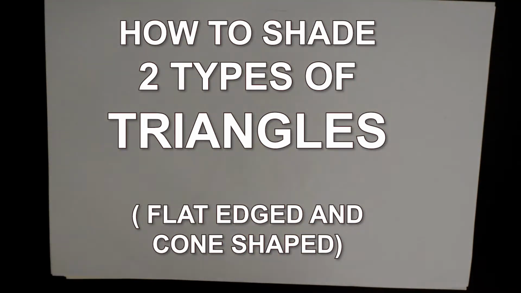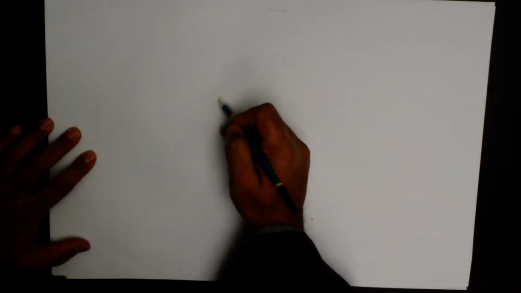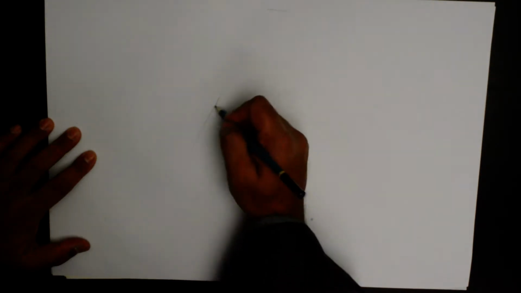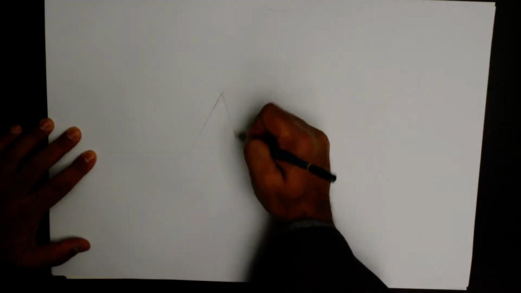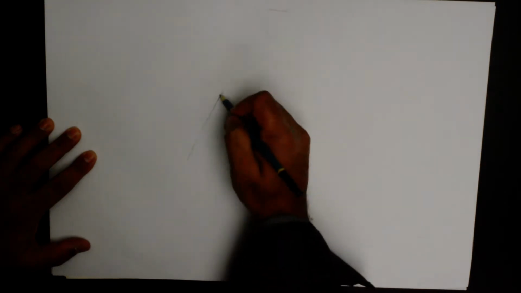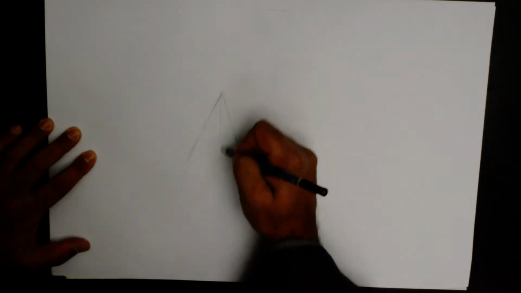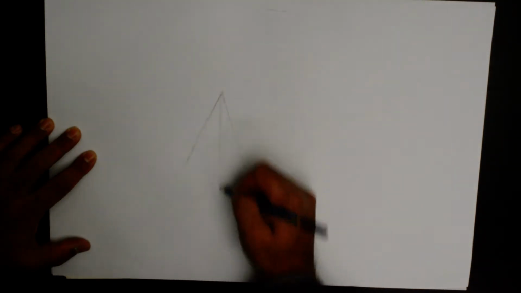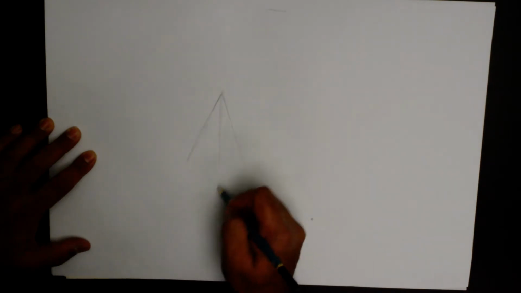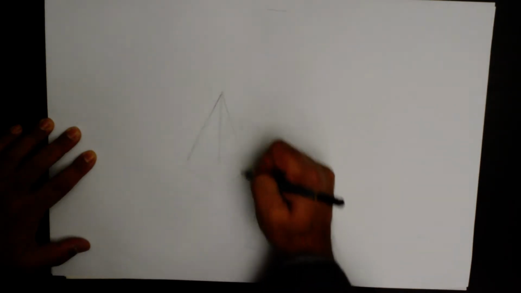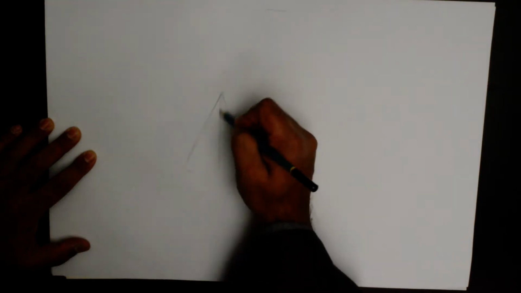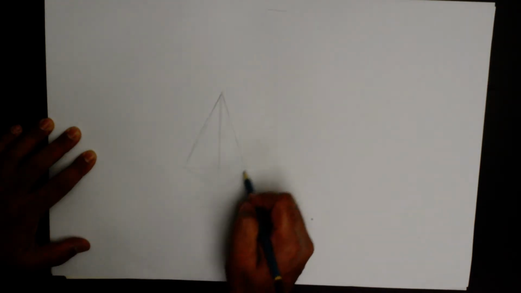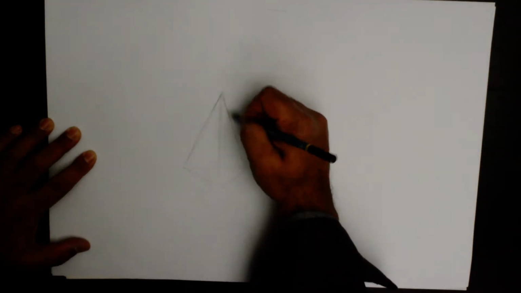Today we'll be doing a quick sketch of a triangle and how it casts a shadow. So I would start with a straight line and just go like that. Actually a straight line and then this, and then you could just come around like that.